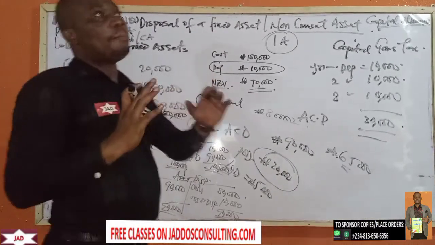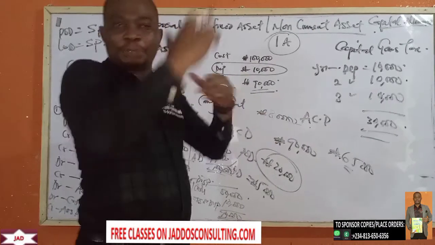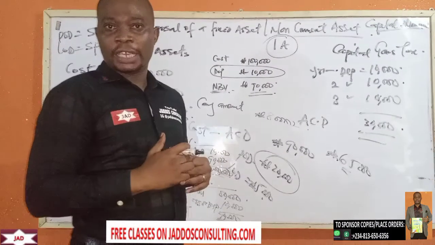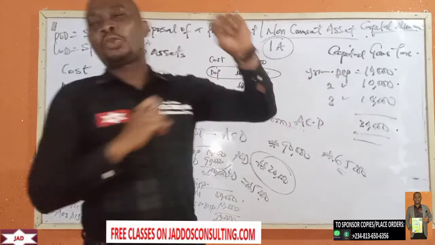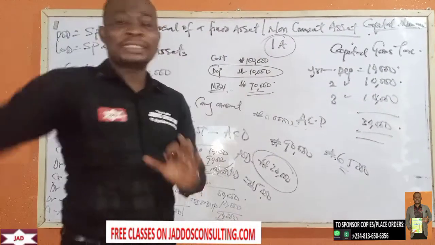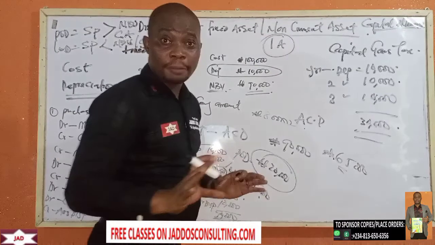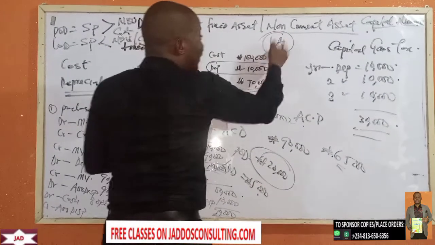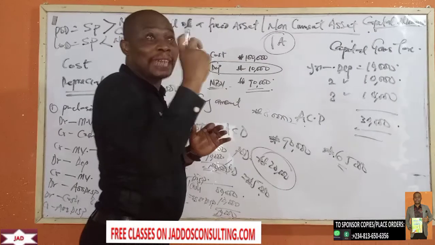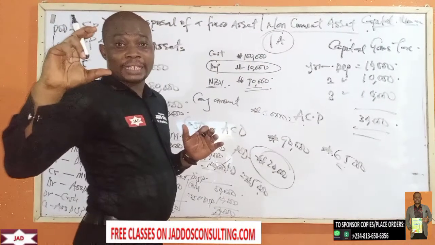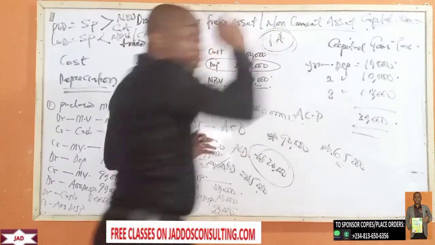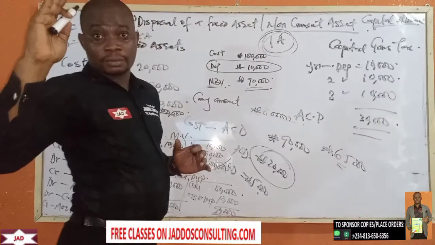There are schedules for each item: land, vehicle, plantation, equipment, machinery. You can get that from the Inland Revenue Service. If the schedule says the asset should go for 4 years, it means you can take this initial allowance only once in that 4 years.